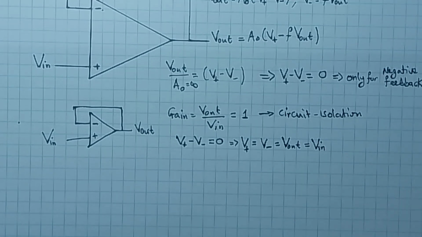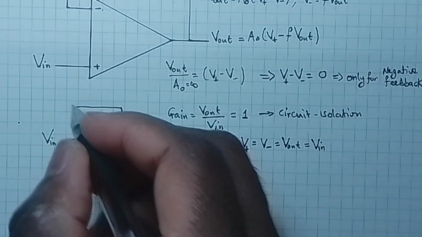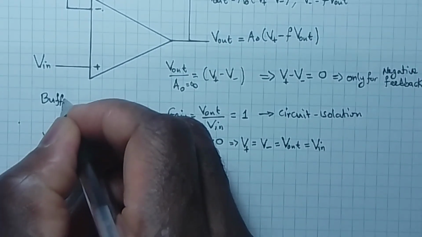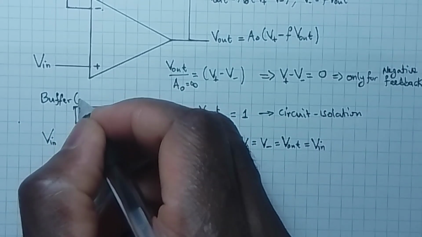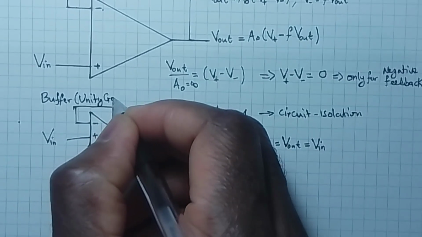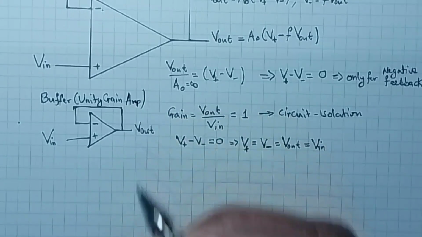That is why it is called a buffer or the unity gain amplifier.